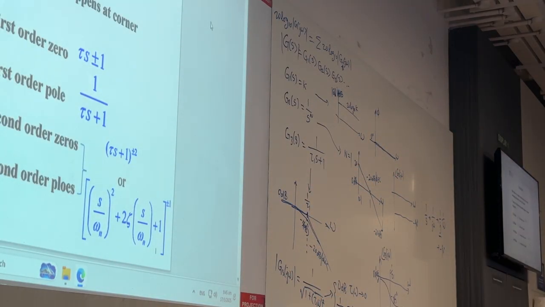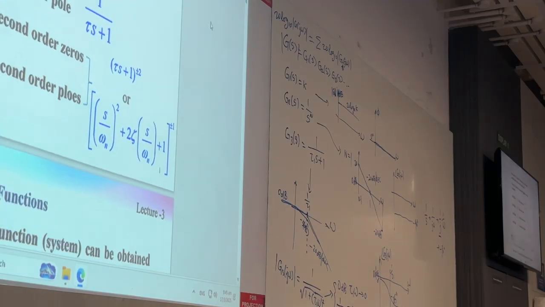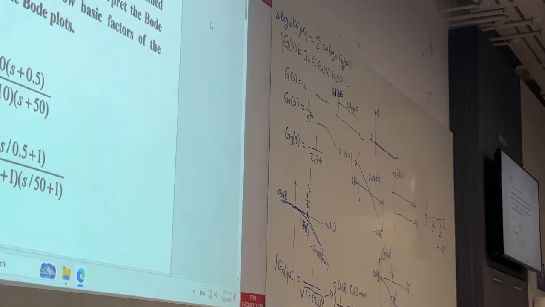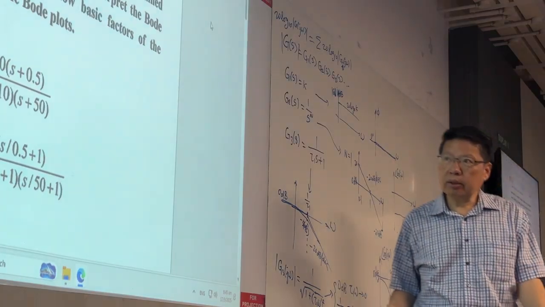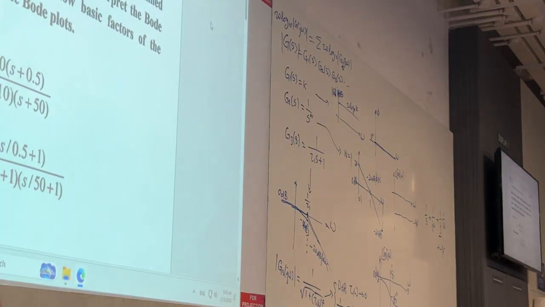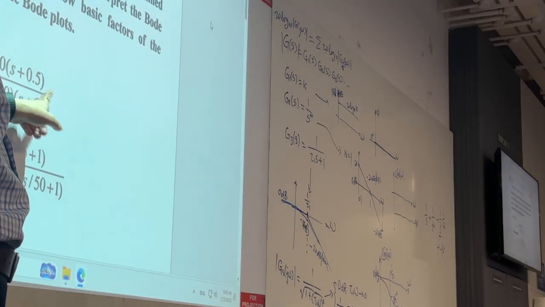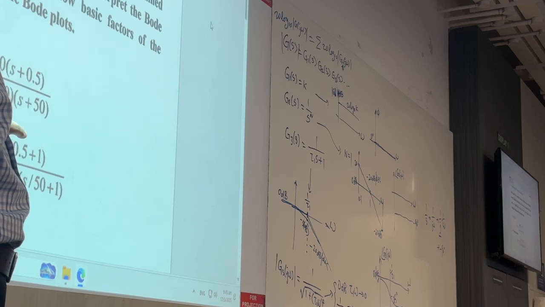And so here is an example. Now we are given a transfer function like this. The first thing you notice is that this is not in standard form, not in normalized form, because this is not 1, this is not 1, this is not 1.